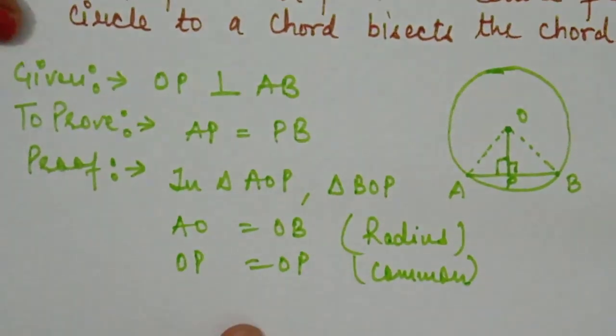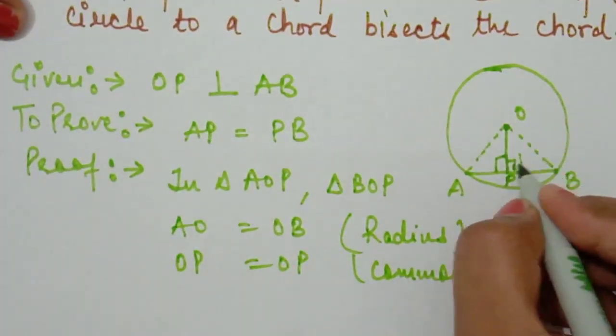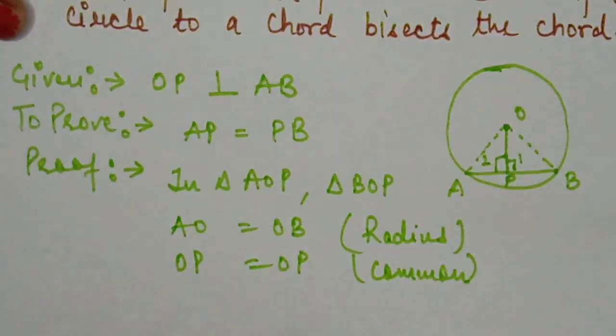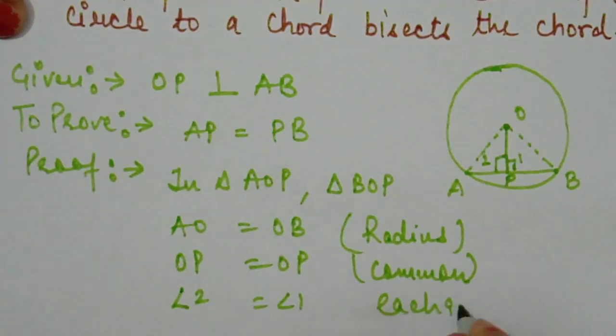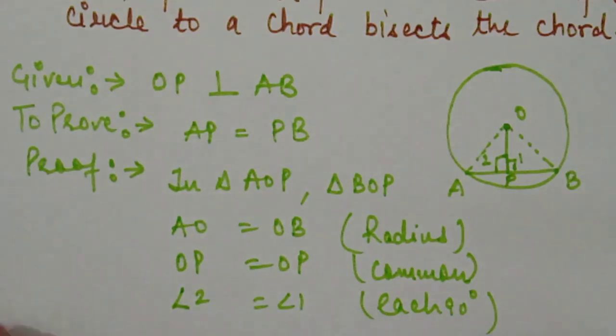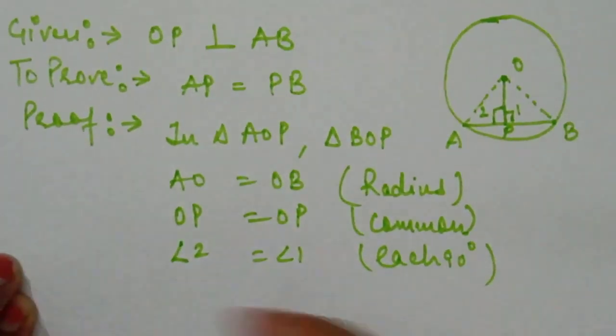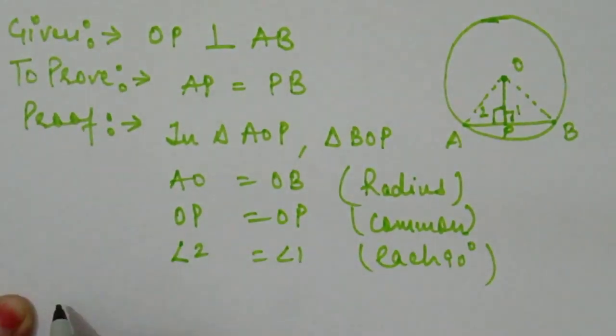Correct? Now for the third element, we mark these two angles with numbers. Angle 2 is equal to angle 1, each 90 degrees. It is given. You can write given here, that the 90 degree angle is given to us. So students, think, by which congruence rule?